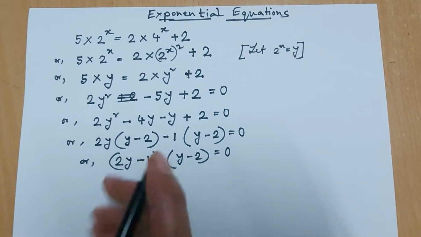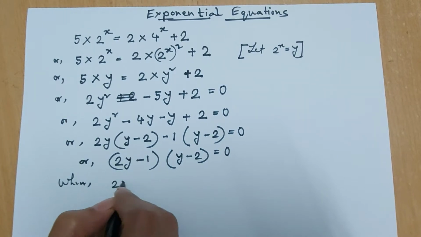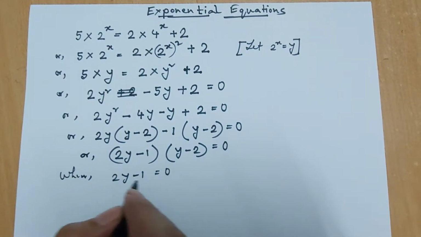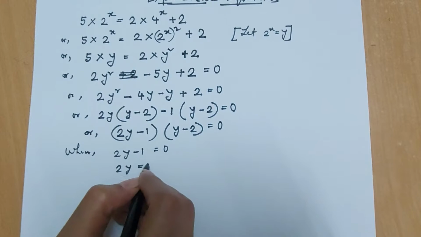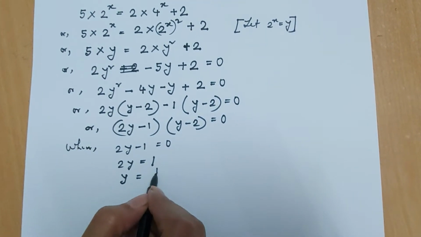And now when 2y minus 1 equal to 0, then 2y equal to 1, and now y equal to half.